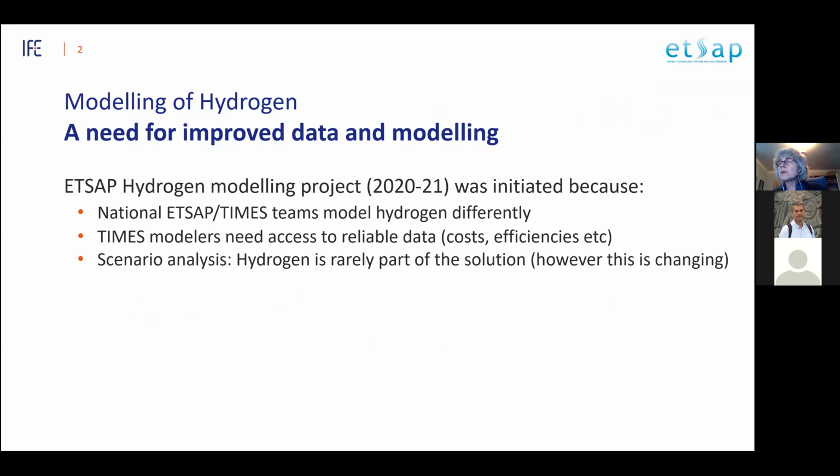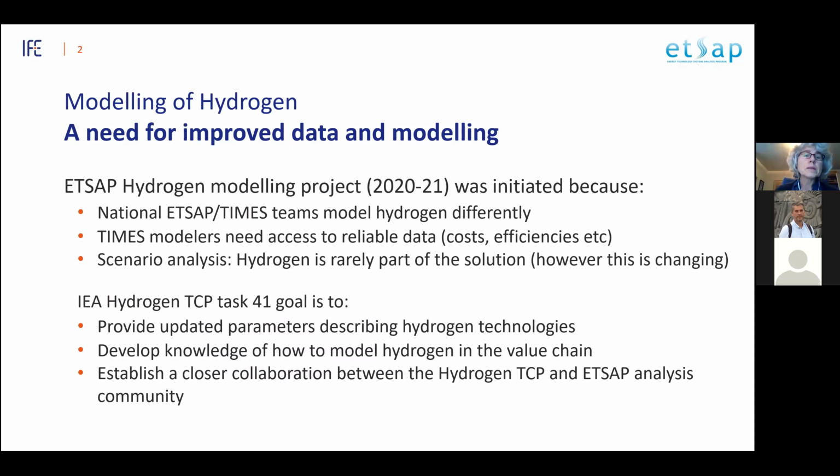We need cost efficiencies, but we also see that the models had very different types of data and also different types of technology that were included. And what we saw in the scenario analysis, both on national scale and regional and global, was that hydrogen was rarely a part of the solution when we applied for this project. However, this has changed a bit. So now hydrogen is more often included.